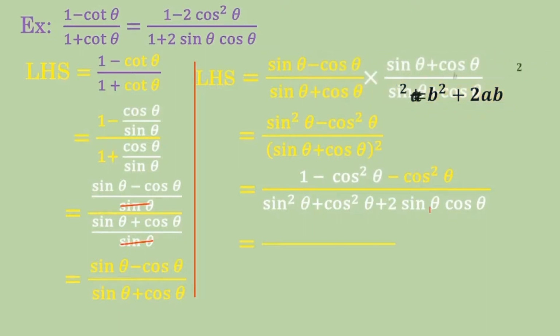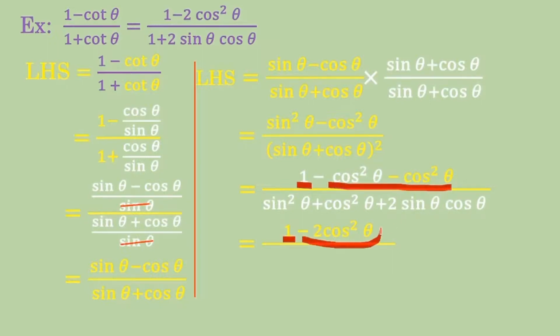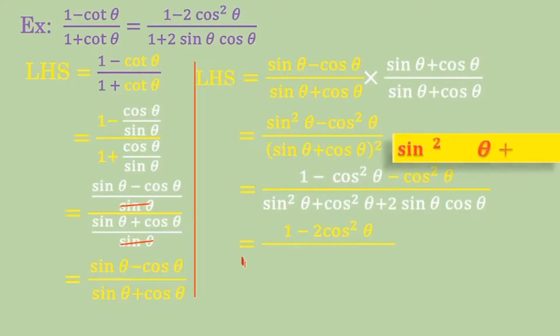Here 1 minus cos square theta minus cos square theta is equal to 1 minus twice cos square theta. Again apply the Pythagorean identity sin square theta plus cos square theta equal to 1.